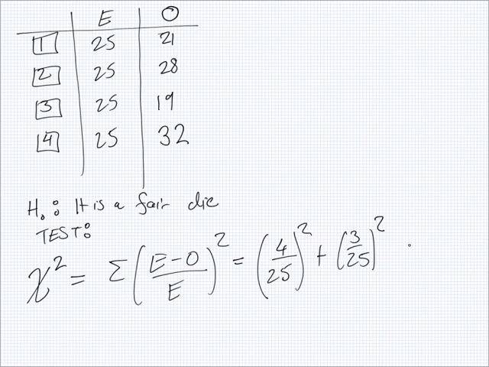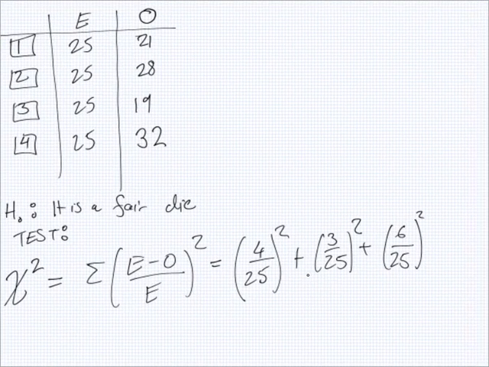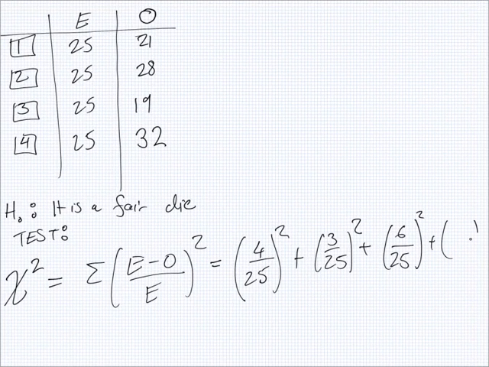The next one would be what? Tell me what the next one is. What would be the next one here? It'd be 6 squared over 25, and then the last one, what would it be? 7, yeah. 25. Okay, can we calculate this, please?